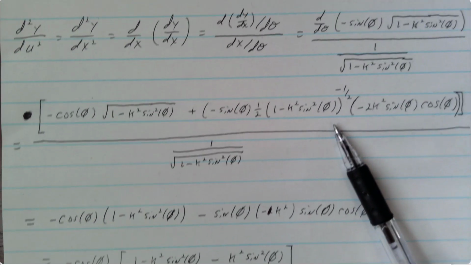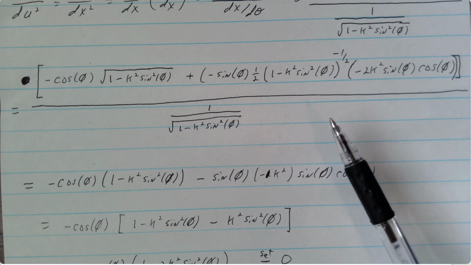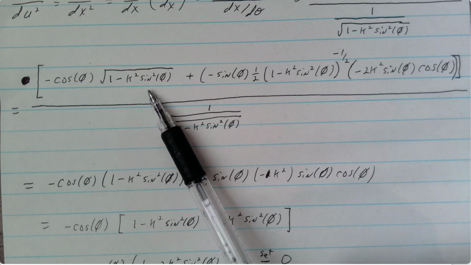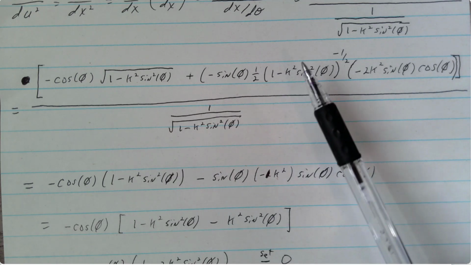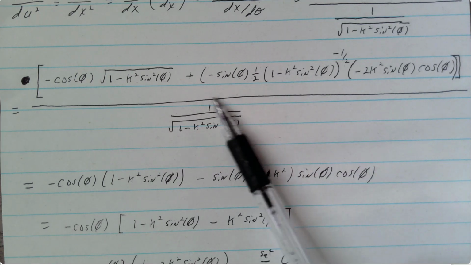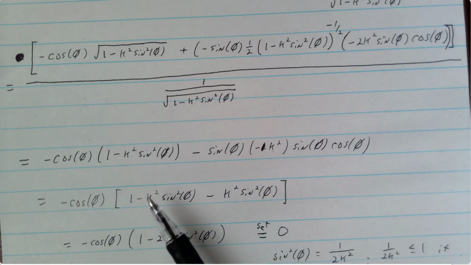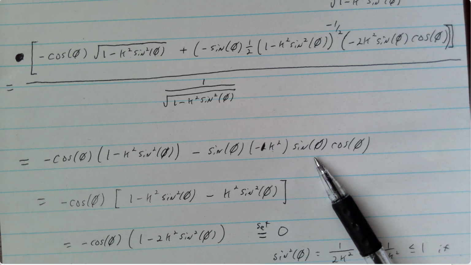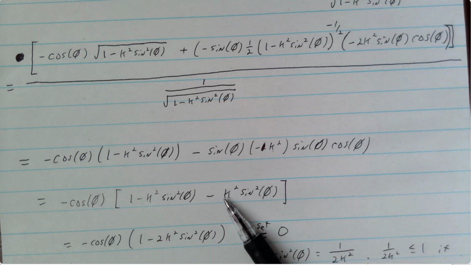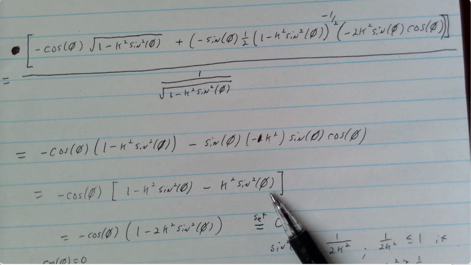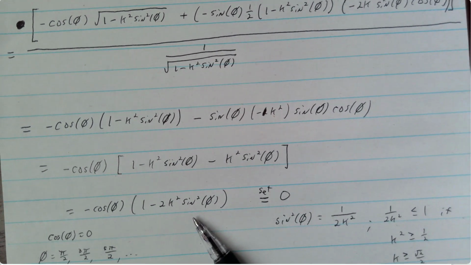Get this. And if I flip this up, then I'll get a square here. And this will cancel. So flip this up and multiply through. And then simplify by factoring negative cosine phi out. Now I have two negatives here, so I still have one left over. And negative cosine phi here. So this is what I have. So I get this. So this is the second derivative.